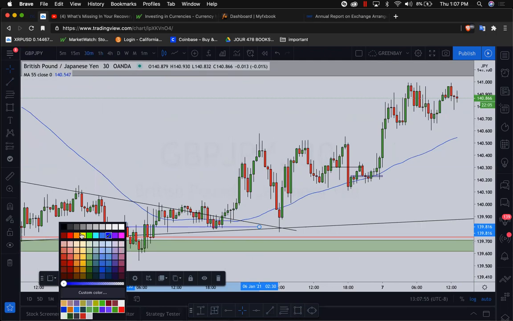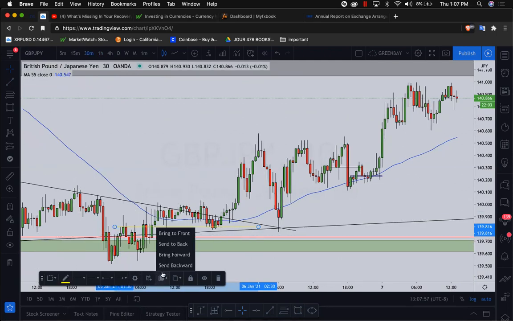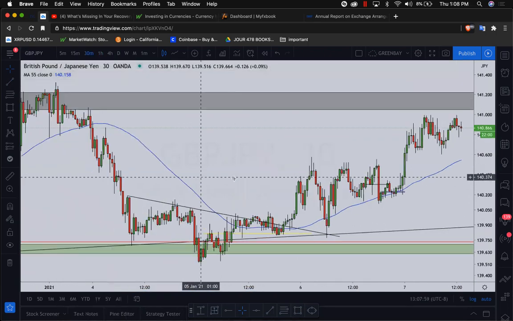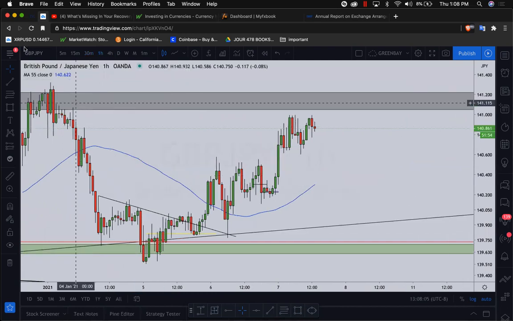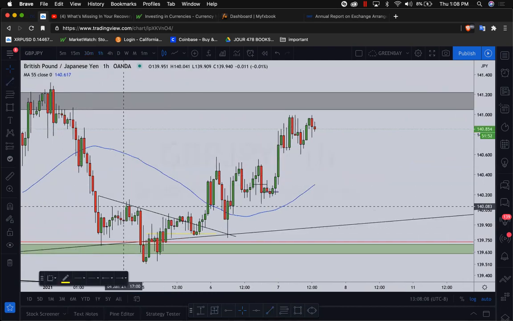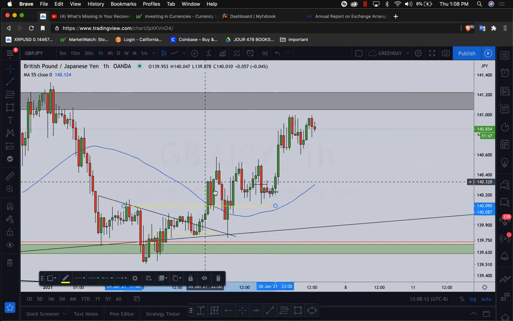I'll even change this color to yellow just to emphasize things. After I saw and understood that this lower high made on the 1 hour hadn't been broken, I had placed it at the top, before the structure was even made.